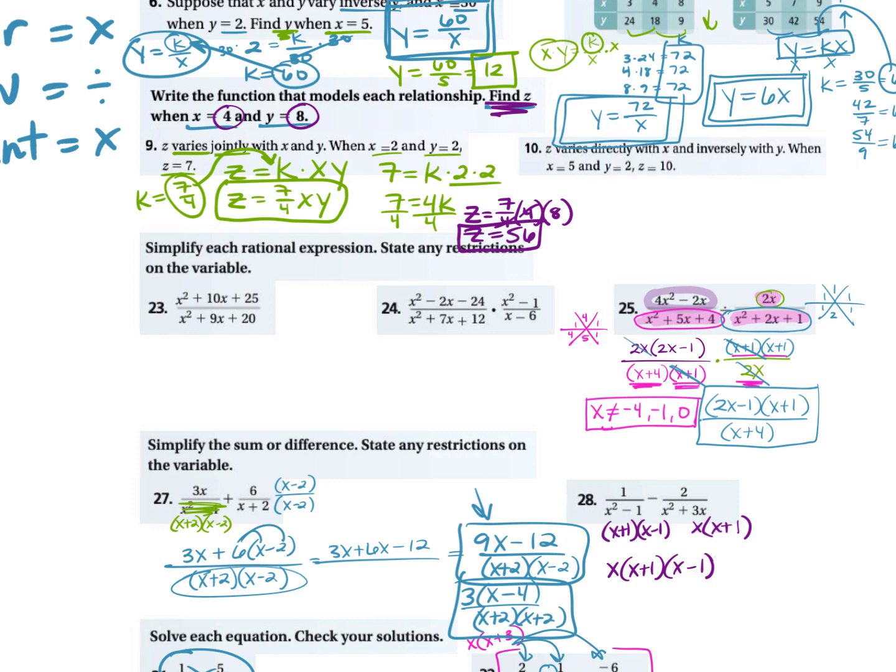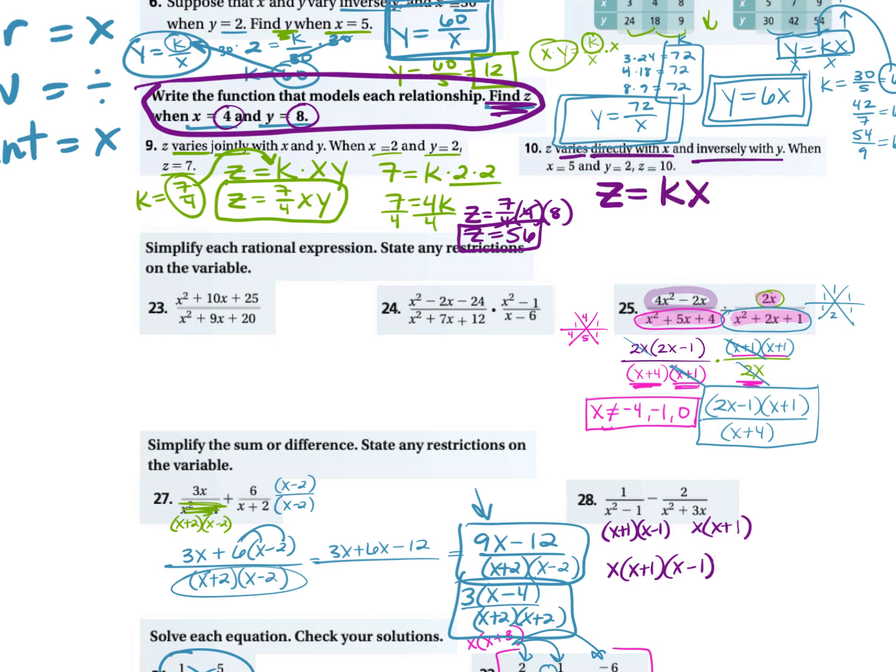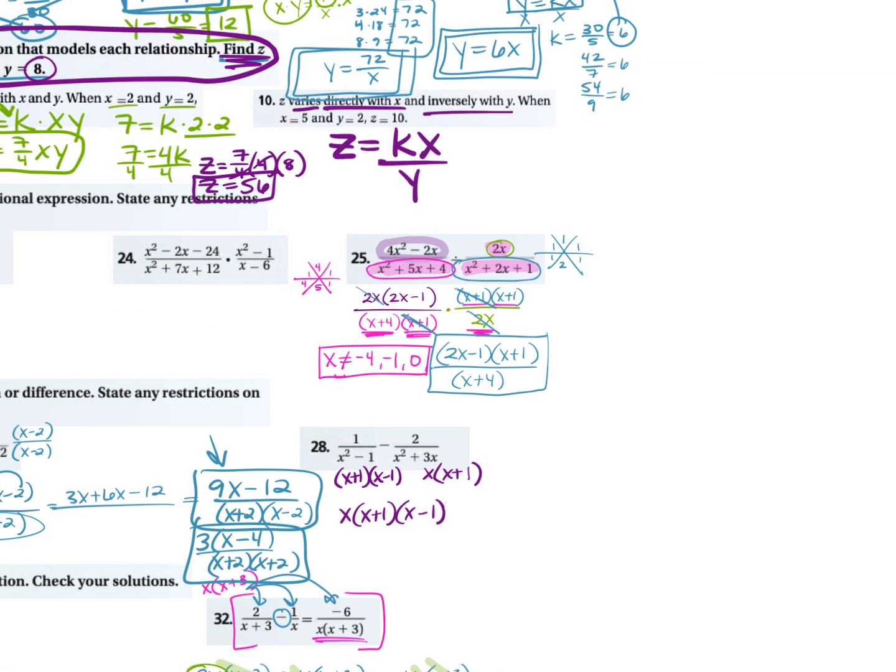Okay, so 10 is still using this information. It says z varies directly with x and inversely, which is division, with y. When you hear varies, it equals k. So that's your general equation. It says when x is 5, y is 2, and z is 10. So if you drop those numbers in, 10 equals k times 5 over 2.